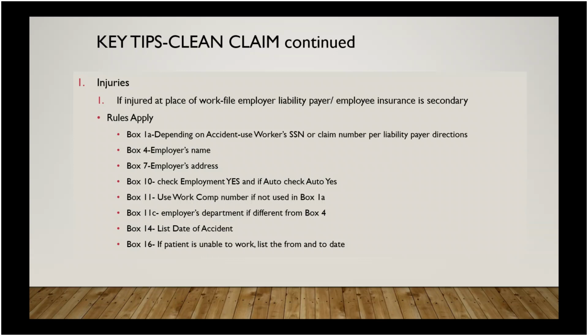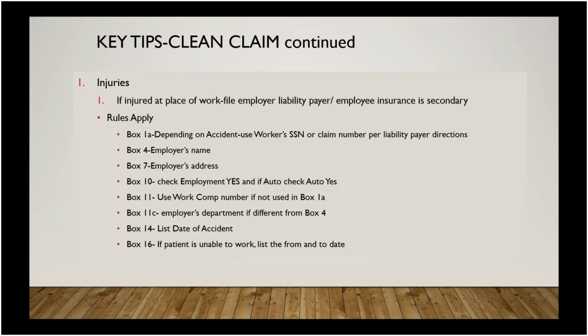So depending on the workers' comp, you want to enter that appropriately. Box 4 is the employer's name. Box 7 is the employer's address. Box 10, check the employment yes. And if it is auto, check the box yes. So again, where did it occur?